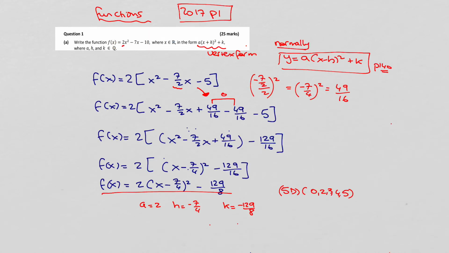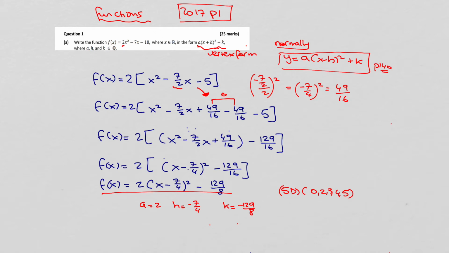So for B we have, hence write the minimum point of f. So the minimum point, if I go back to this equation, when it's in the form of y equals a times x minus h squared plus k, then our minimum is our h, k value here. But of course, we have written it in the form of plus h, k, which is our minimum.